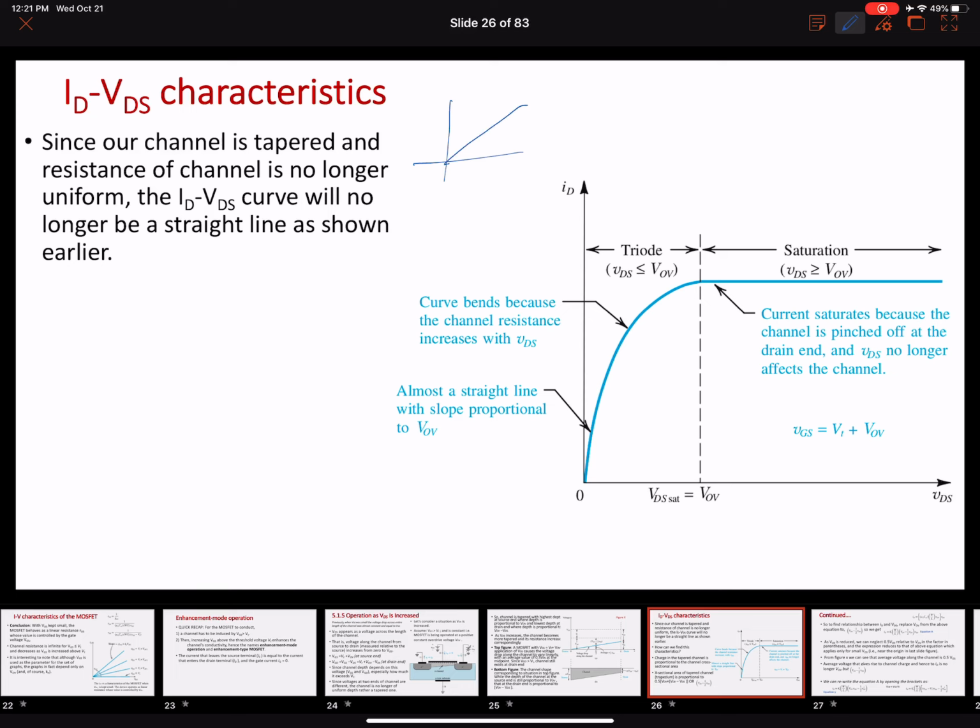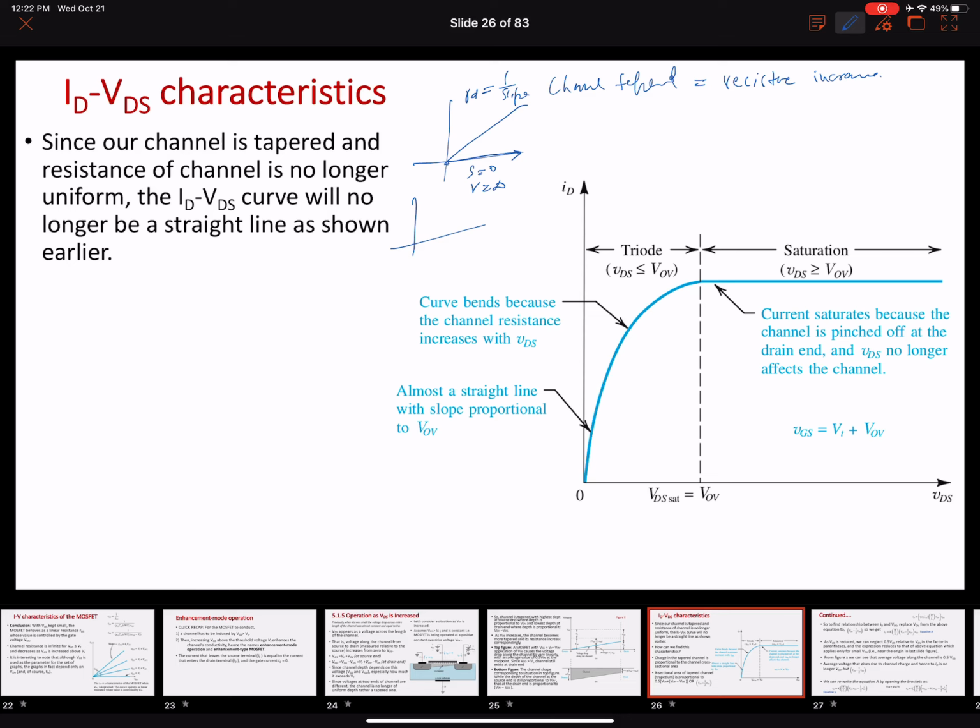Another thing that we discussed is, as the channel becomes more tapered, resistance increases, right? And we know that the resistance is the inverse of the slope of this line.